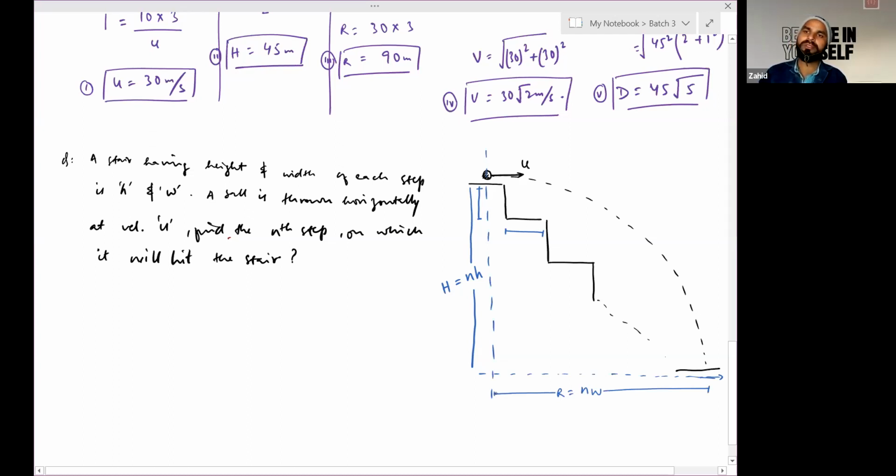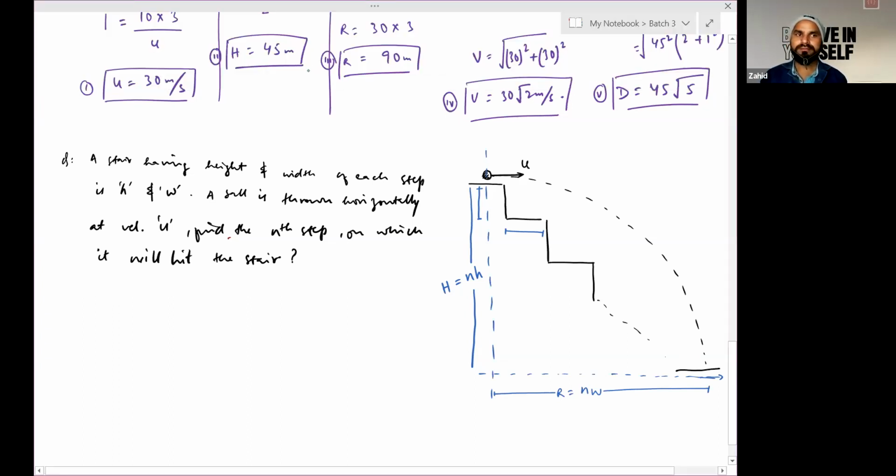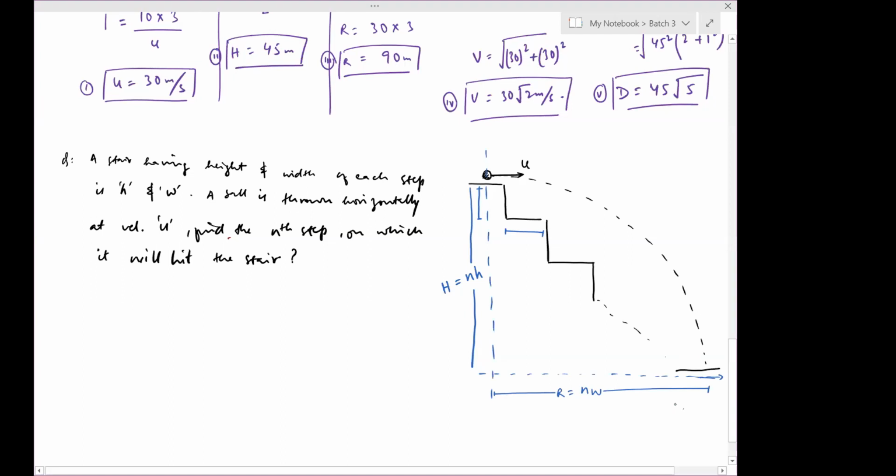Now use the formula of relation between range and height, put all the values and simplify it to get the value of n. Is it clear, Raza? Yes, sir. Okay, try to solve.